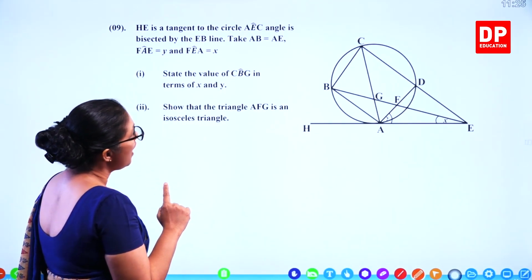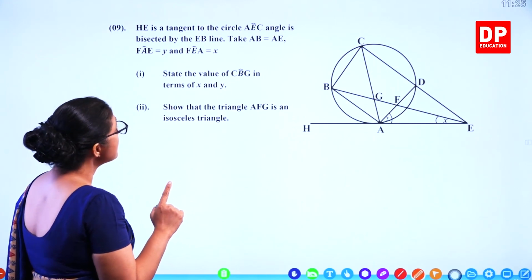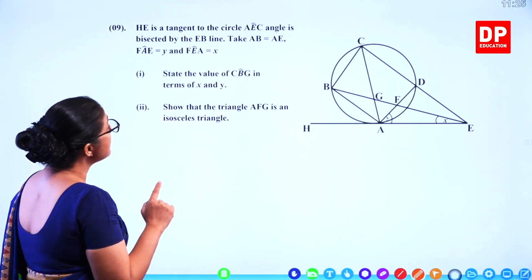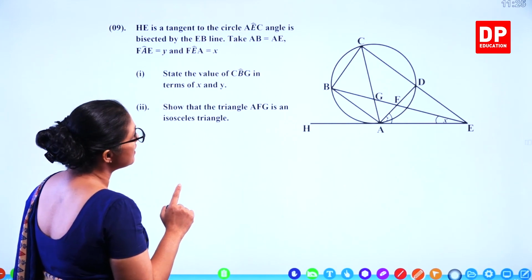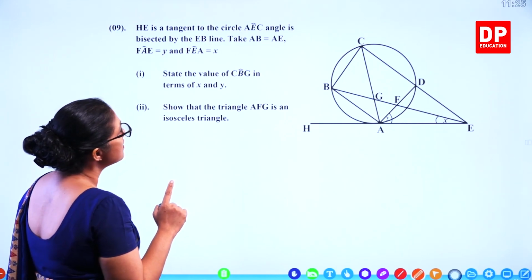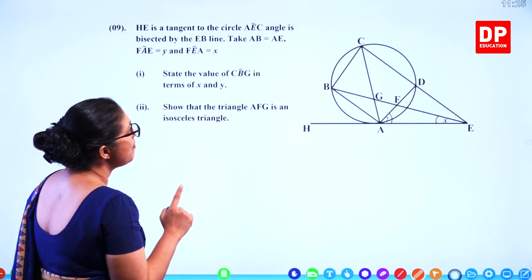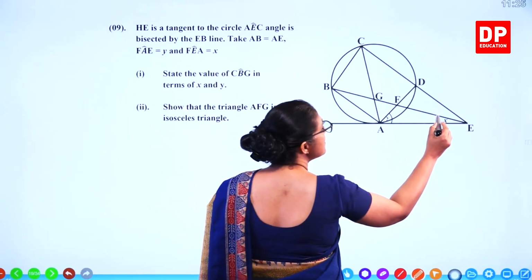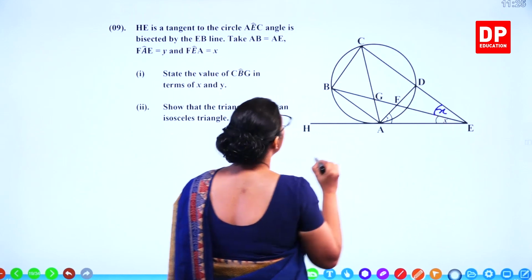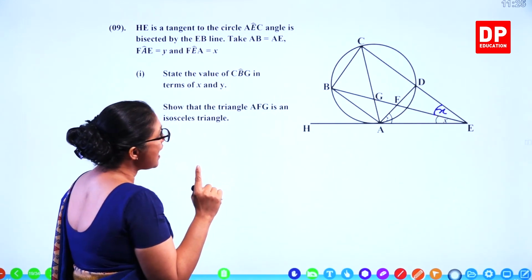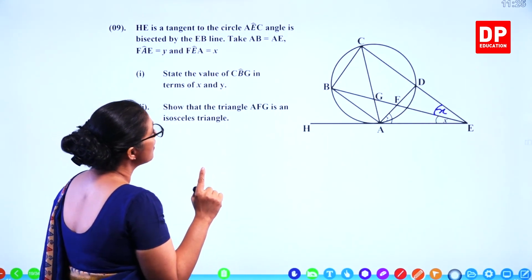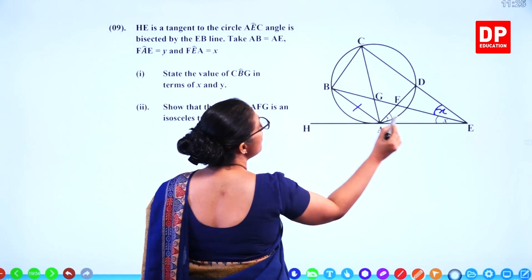HE is a tangent to the circle. AEC angle is bisected by the EB line. So that means if this is x, this is also x. Take AB is equal to AE.